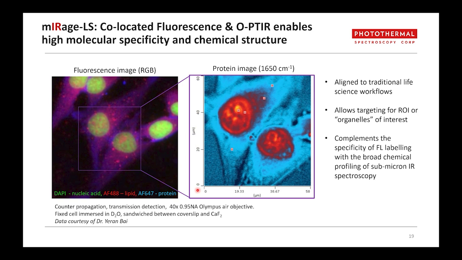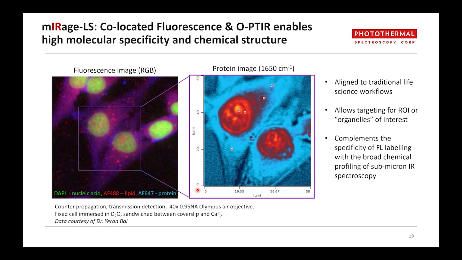So I spoke about the label-free capabilities, which is all great, but fluorescence is such an established technique, so widespread. And fluorescence certainly has some huge advantages when it comes to specificity, for example. So we've really tried to bring the best of fluorescence and the best of infrared together by combining these two modalities into a single platform, single measurement.